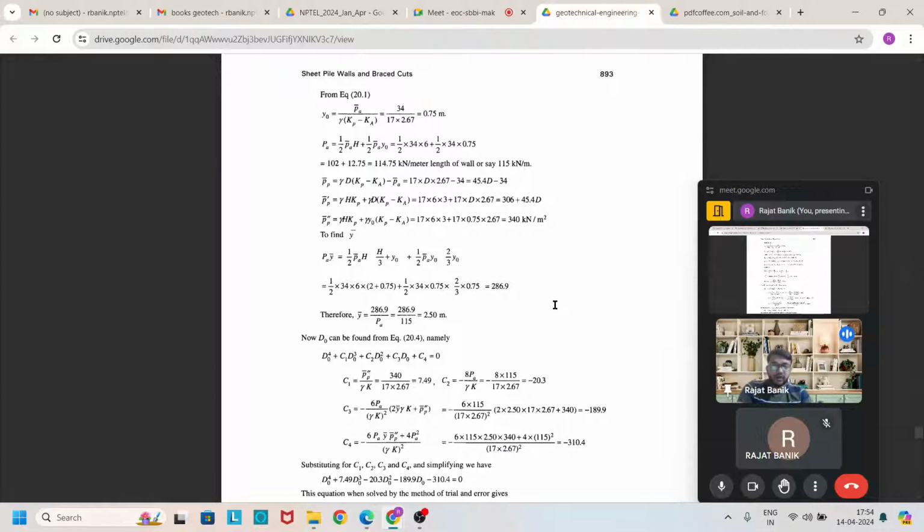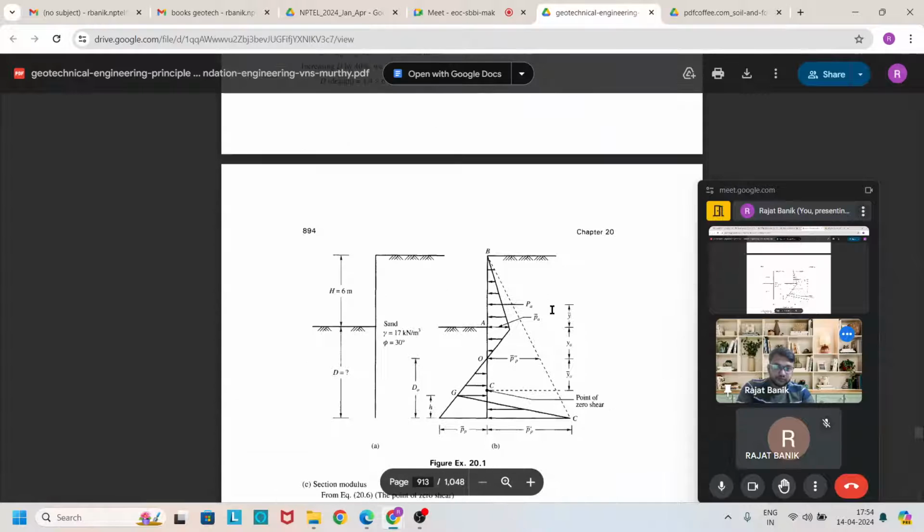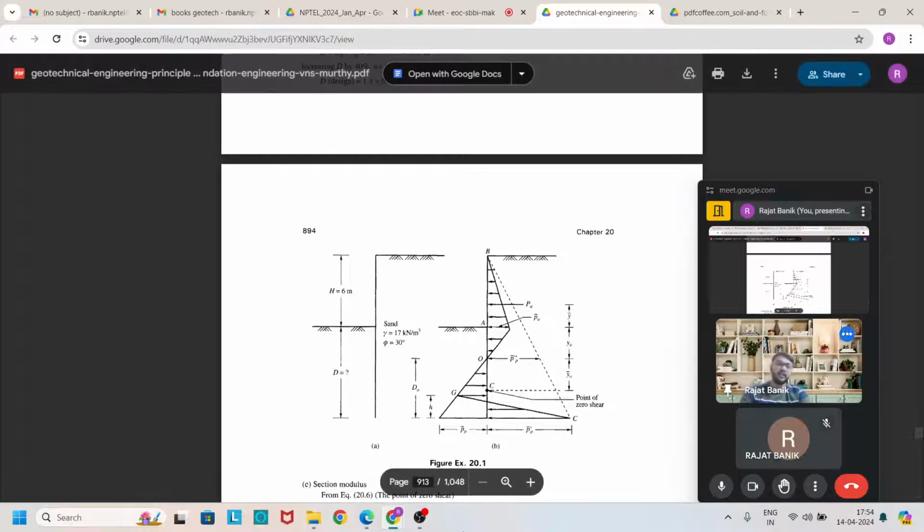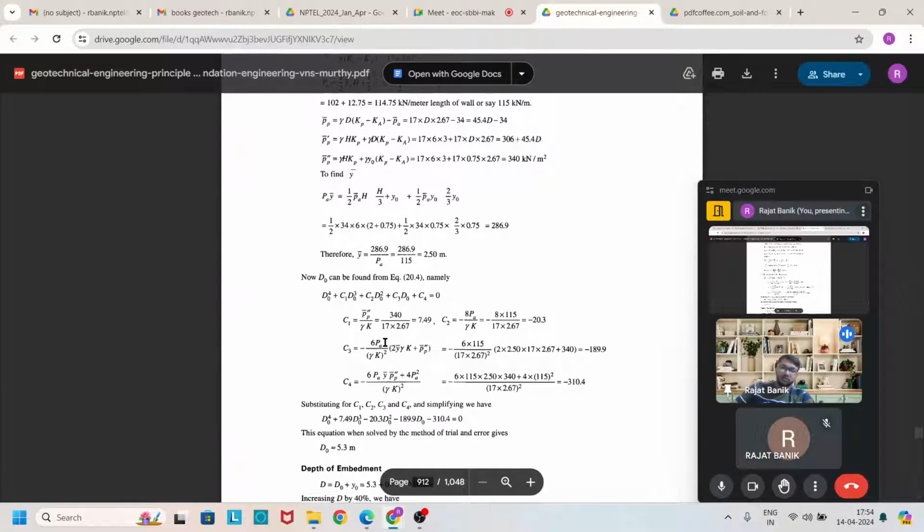Y bar. Y bar is the distance from the dredge level to the point above the dredge level where the total active earth pressure force is acting.